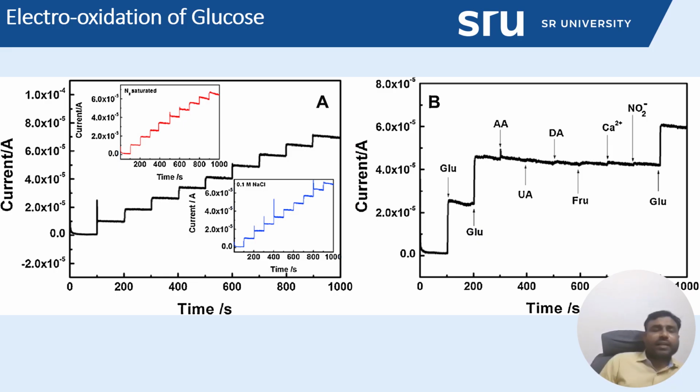When comparing all the oxidation peak currents with similar additions of glucose, we noticed a similar pattern of glucose oxidation, and also nearly matching oxidation peak currents, which means different conditions like nitrogen saturation and addition of 0.1 NaCl do not affect the glucose oxidation at the copper sulfide modified electrode.